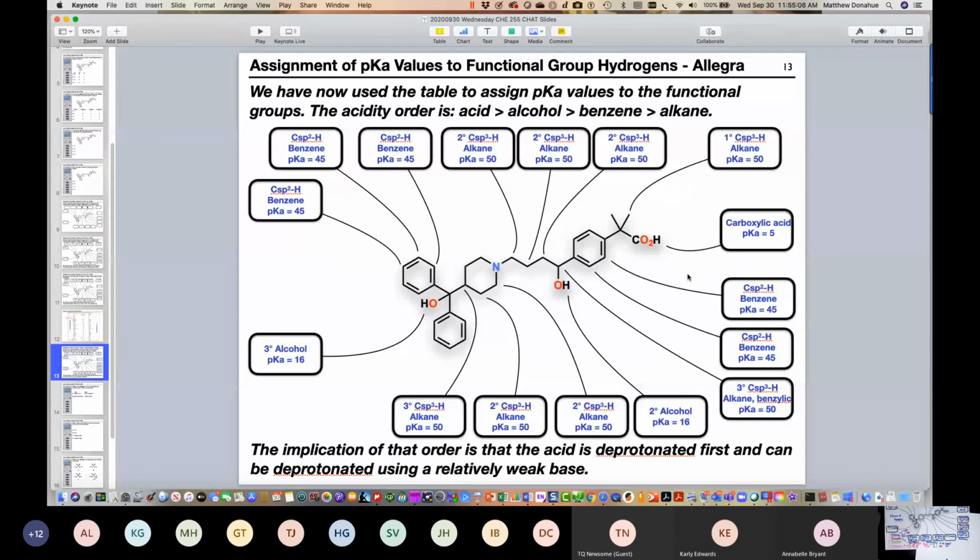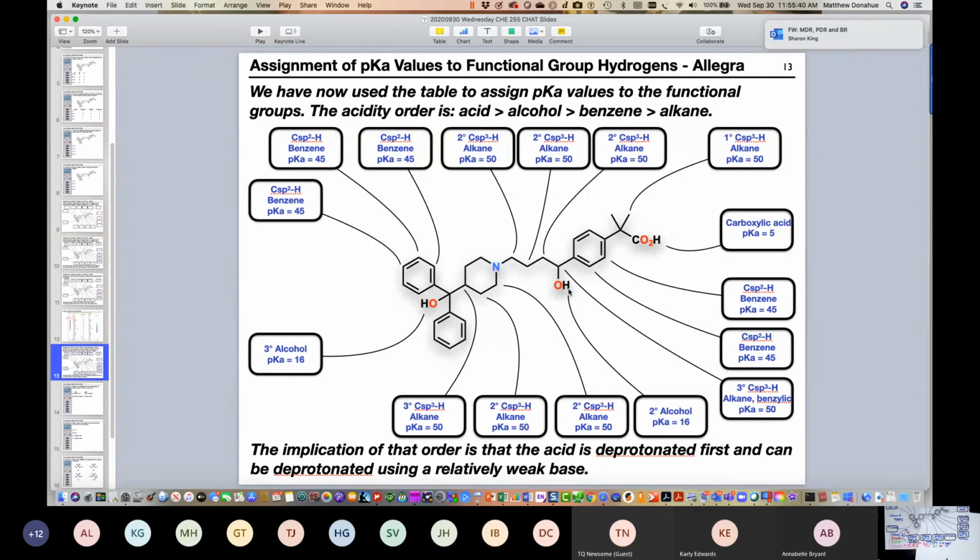So hydrogen reactivity, known as acidity, is important to us because that's how we make a lot of new bonds. So using that logic, you deprotonate this, you do a reaction with some carbon species, you make an ester. If you were to deprotonate, this is the next acidic one, right?